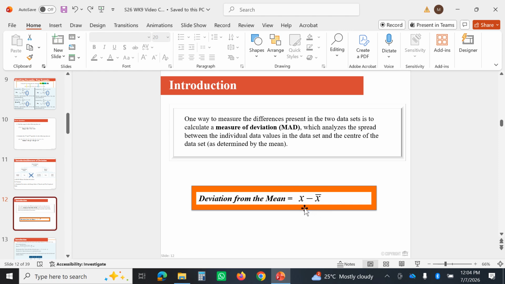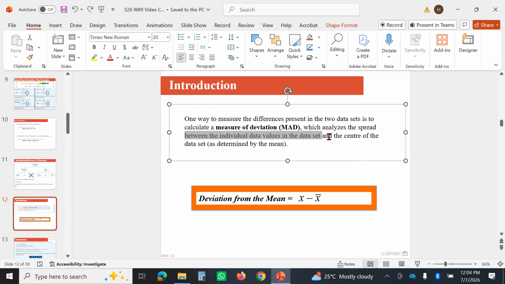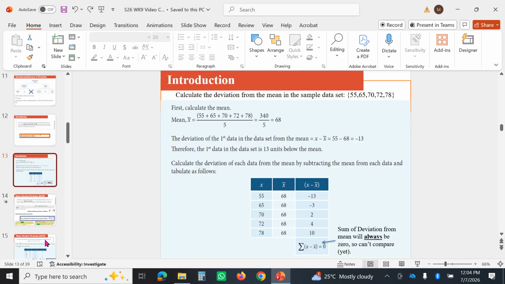The whole idea here is this is your data value minus the mean, and deviations of the mean. One way to measure the differences present in two data sets is to calculate the measure of deviation, which analyzes the spread between the individual data values in the set and the mean. How far away are these data points from the central axis, the mean, right?